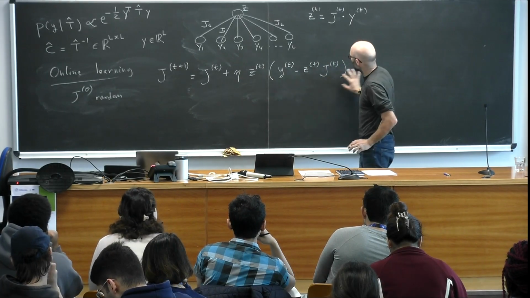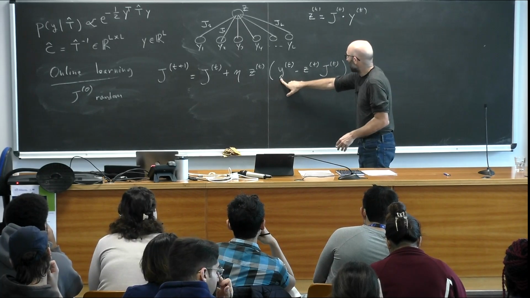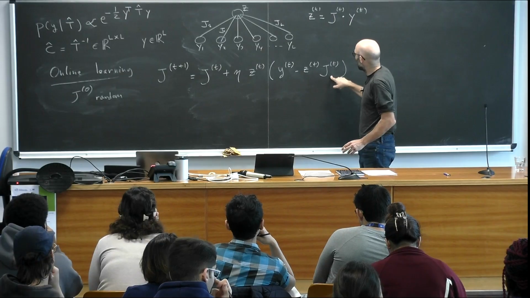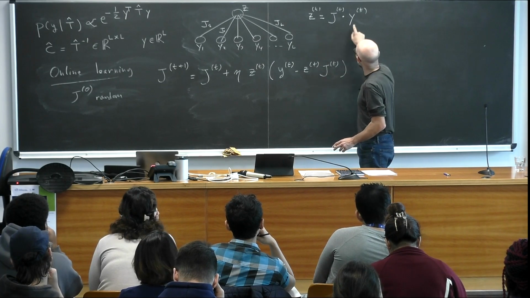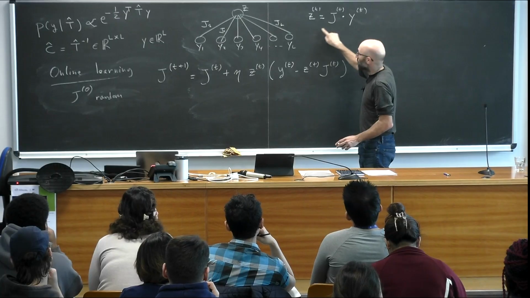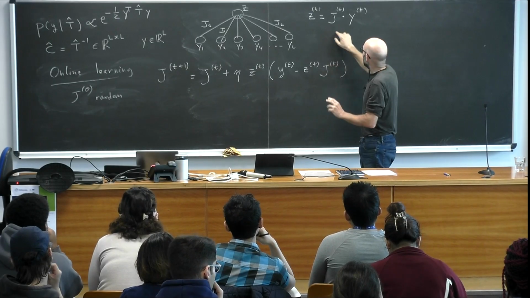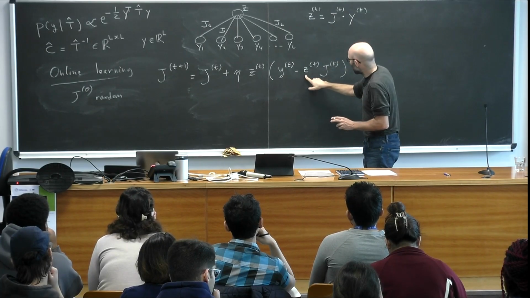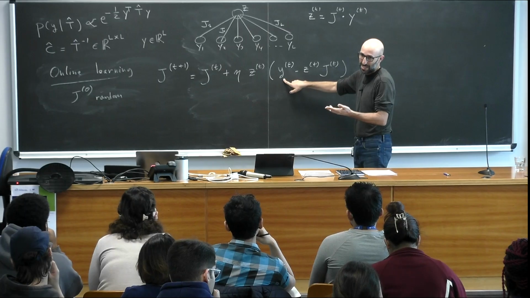This will be close to 0 if on average, y is close to z times j. So if you project y on j, z is the projection, j is a vector, you project your data on j, you get a number, and now this number times j is as close as possible to y.